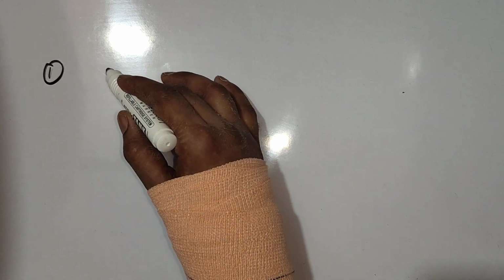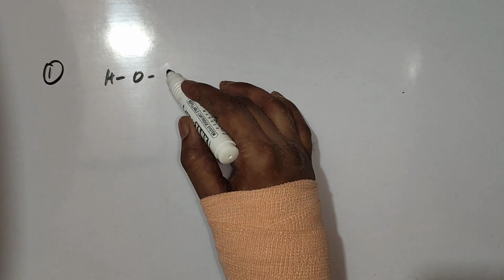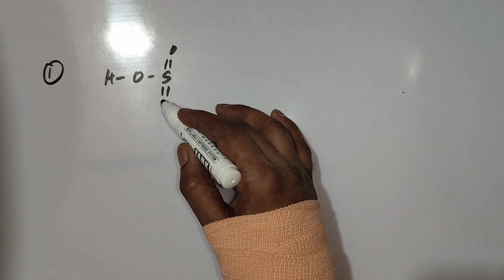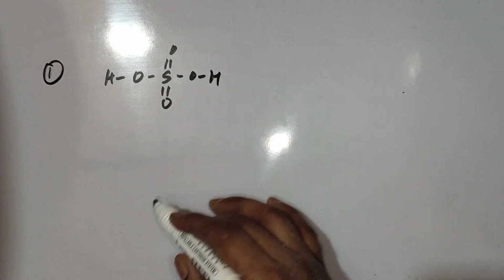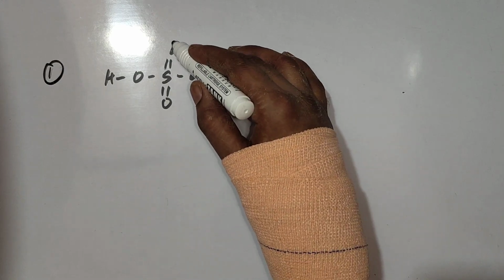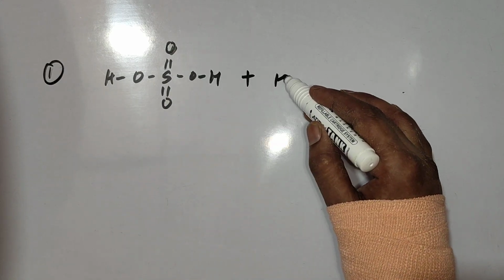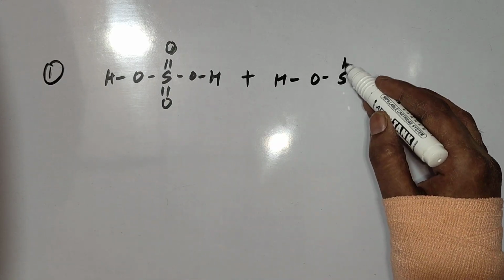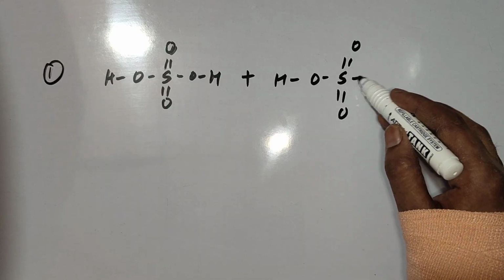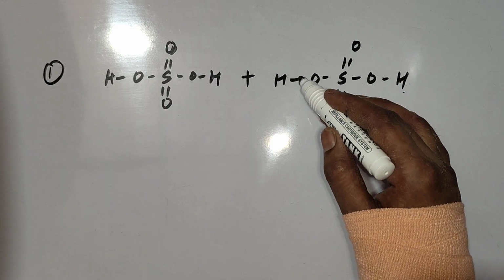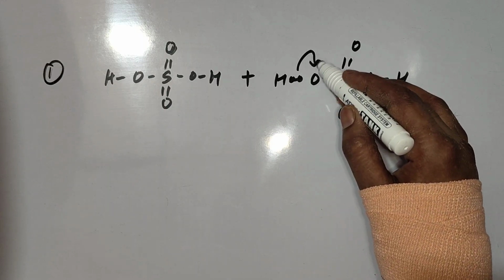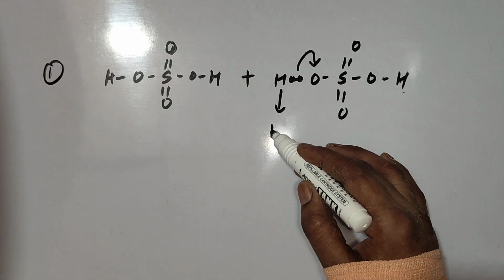Step number 1. 2 sulfuric acid particles. This is the bonding in sulfuric acid. Oxygen, oxygen, 4 oxygens are there. Out of 2 sulfuric acid particles, one will donate H positive by breaking the bond like this.